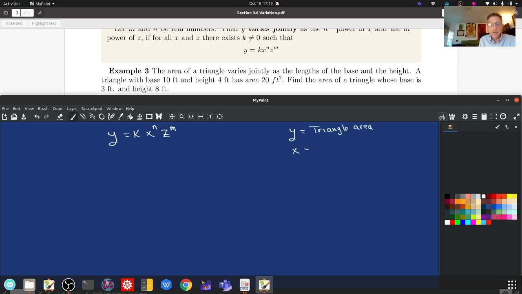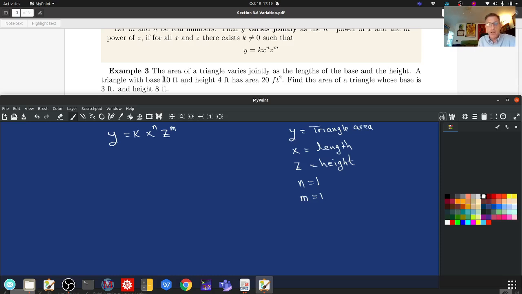X will be the length, and z will be the height. And that's it. Our n value is equal to 1, and our m value is also equal to 1.